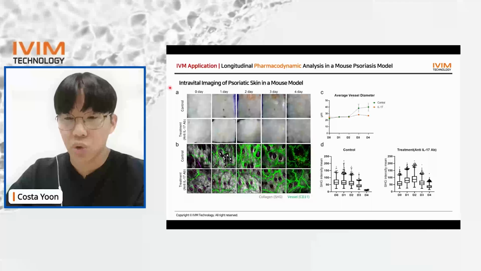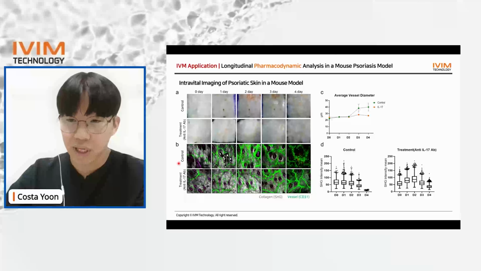So figure A shows a gross image of skin lesion after psoriasis induction with imiquimod and treatment with either saline or IL-17 neutralizing antibody. The orange colored lesion area was visibly reduced in the treatment group.